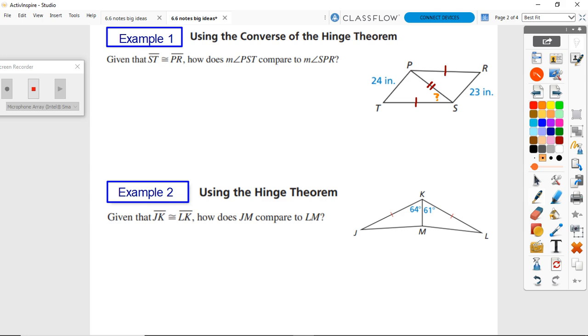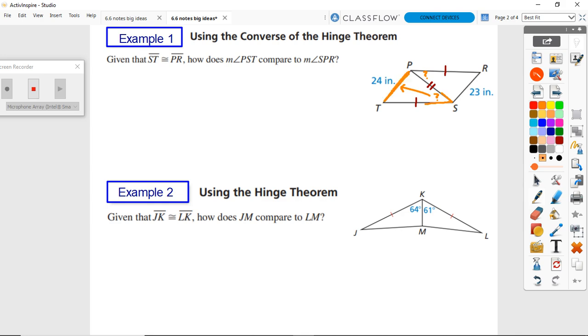So you're comparing those two angles, and again, this is the inequalities in this section because we're talking about greater thans and less thans. So we can't tell exactly what those angles are, but we can compare them to each other. And the first one, PST, is pointing across to a 24. So it's hinging open and creating 24 inches.